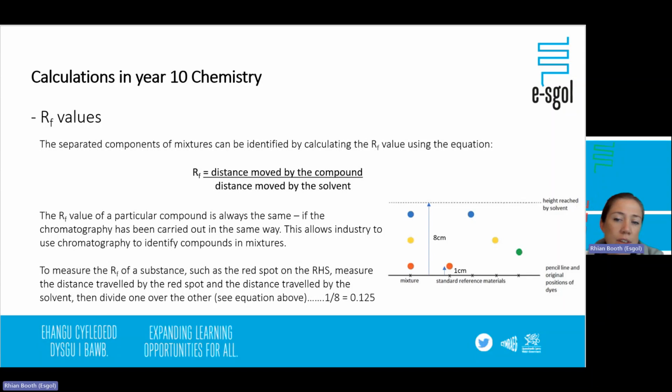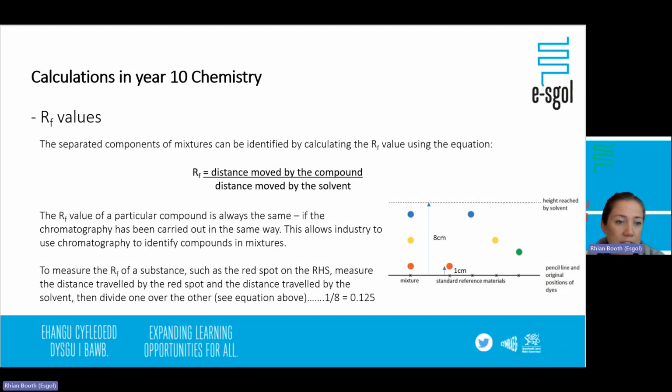Now, the RF value gives you an indication of the solubility of a pigment within that spot. So the separated components of mixtures can be identified by calculating the RF value using the following equation. Here we have the RF value is the distance moved by the compound divided by the distance moved by the solvent.